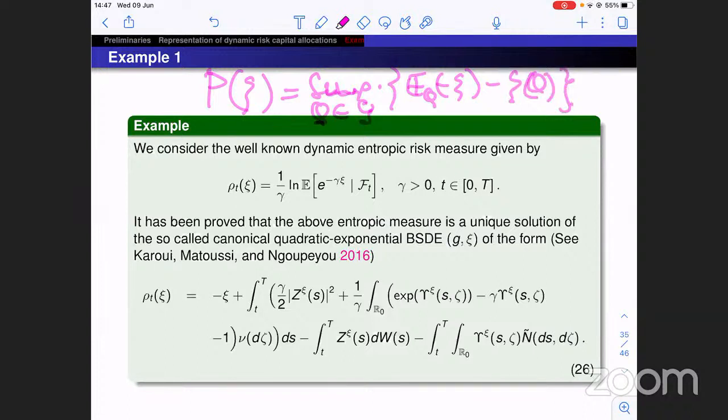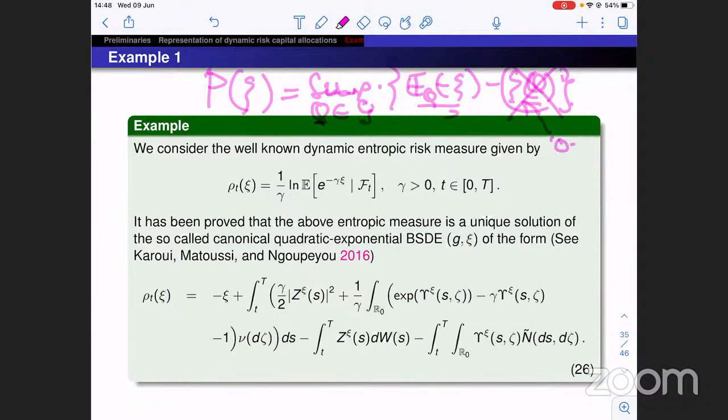This is also a convex function, and it's termed the penalty function. At times, if it is 0, then we have some family of this nature.